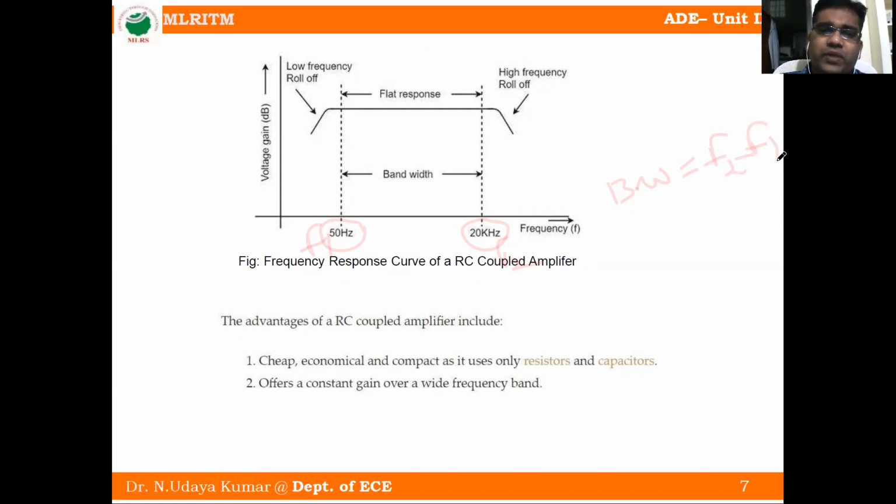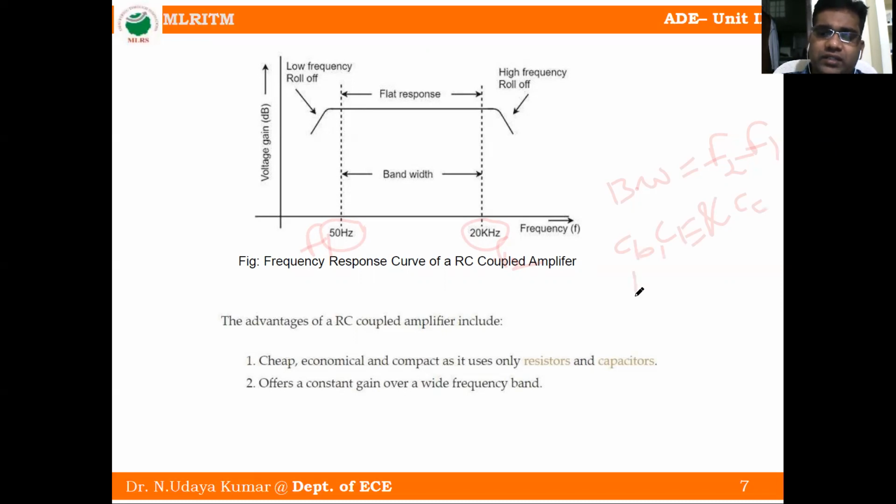So why this type of curve occurs, we will discuss now. Why this flat region in the middle? Why is low frequency rolled off or decreased? Why is high frequency rolled off or decreased? We will see. So it is an RC coupled amplifier. In an RC coupled amplifier, we have three capacitances. One is the blocking capacitance CB, another is the emitter capacitance, and the third is the collector capacitance or coupling capacitance.